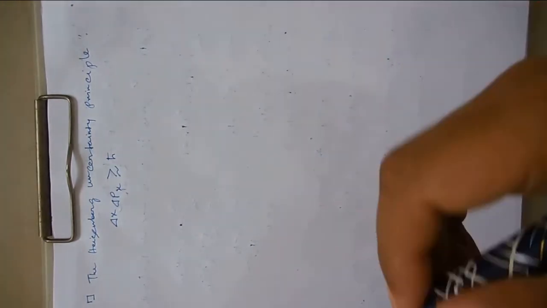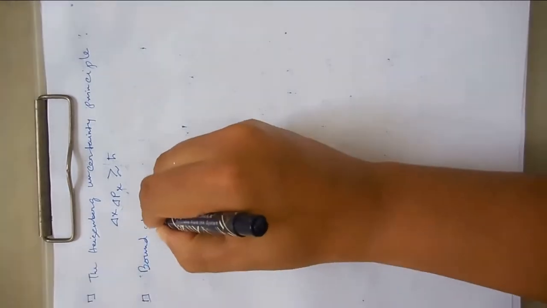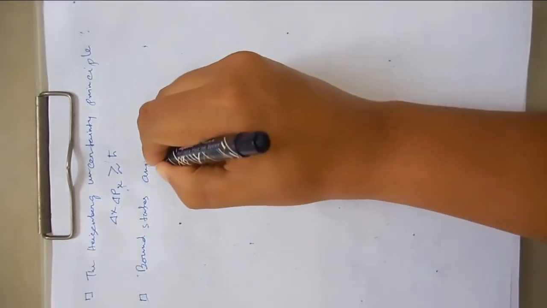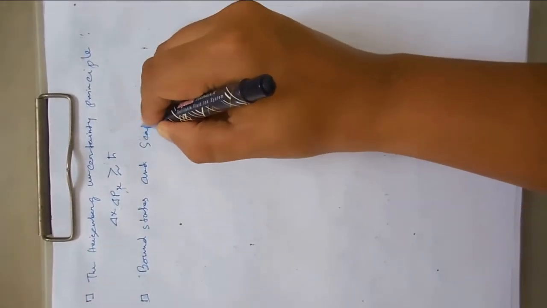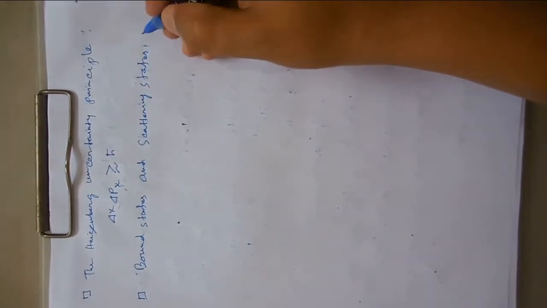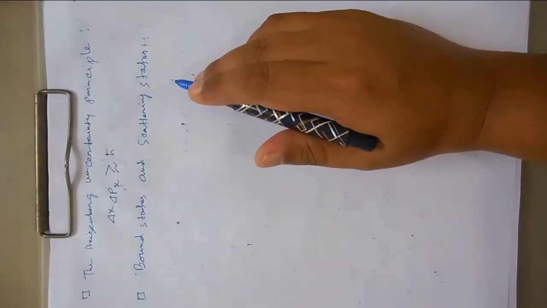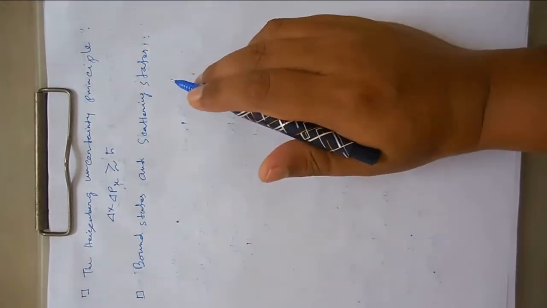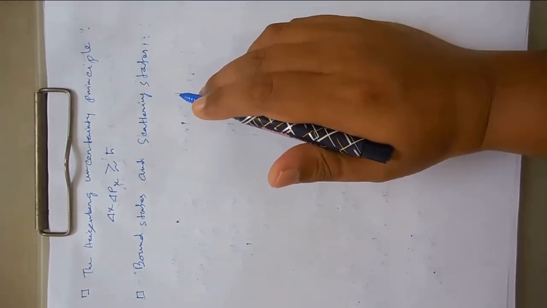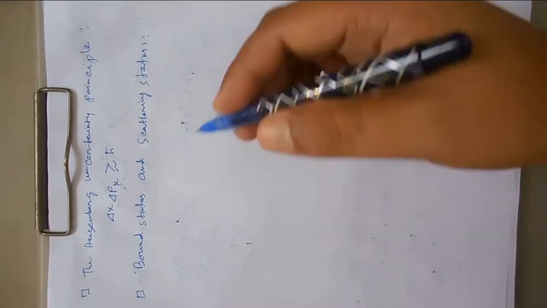Now we'll discuss bound states and scattering states. Okay, so what are bound states and scattering states? Let me first define them in terms of energy and potential.